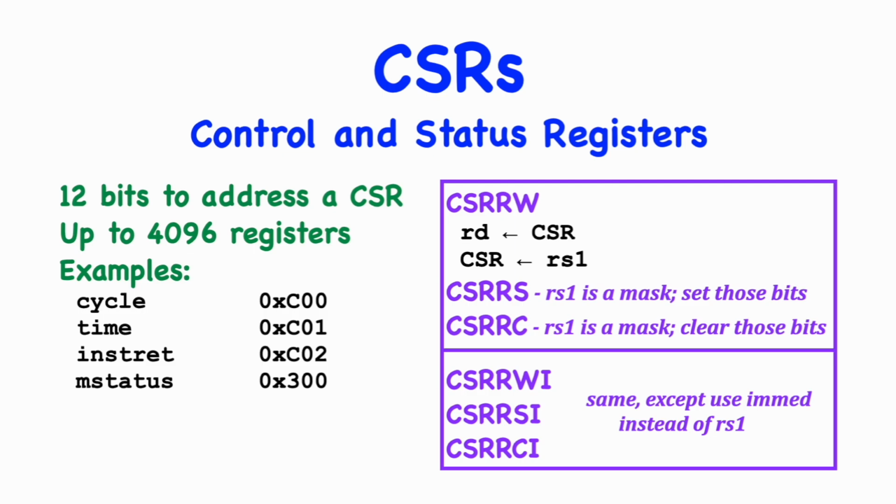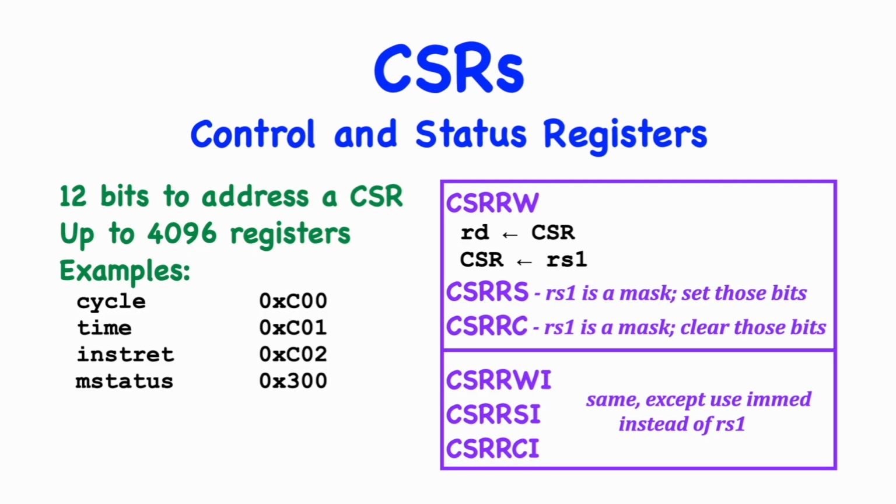The RISC-V specification describes trap handling along with the privilege mechanisms, but these are considered to be optional extensions to the RV32I base instruction set, which I'm describing in this video. There's a separate spec covering the privileged operations, trap handling, and the various processor modes, but I'm not covering any of that in this video.